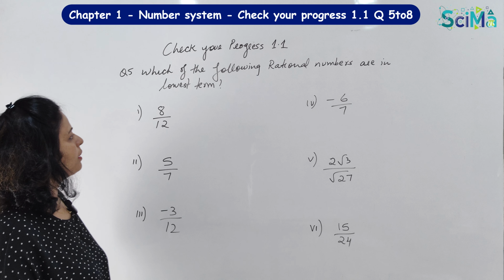So I will make it into the same denominator. Multiplied here 4, 2 also will be multiplied with 4. Here I multiplied 4 with 3, here also I should multiply 3 with 3. So here I get 8 by 12 and here I get 9 by 12. So 9 is greater than 8. So 9 by 12 is greater than 8 by 12. So I can say 3 by 4 is greater than 2 by 3.